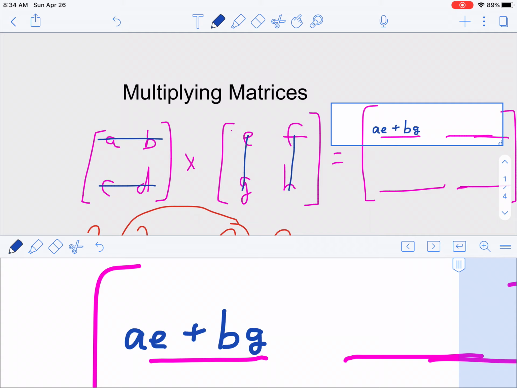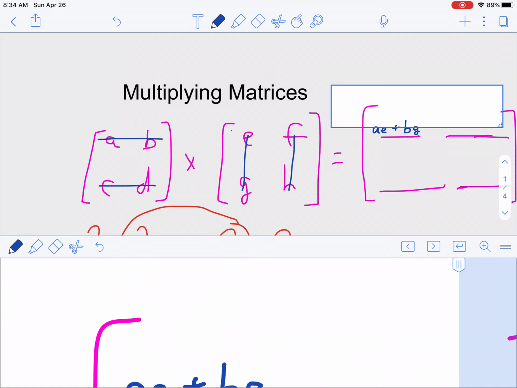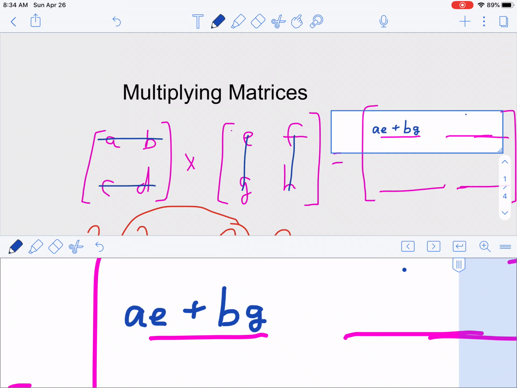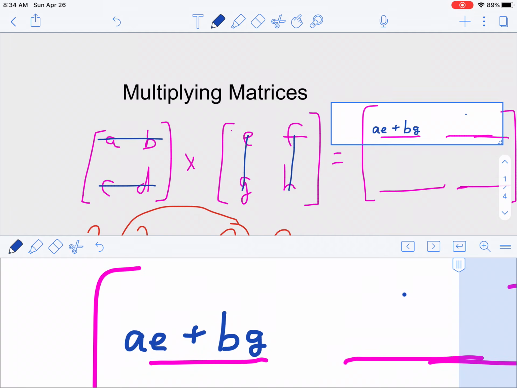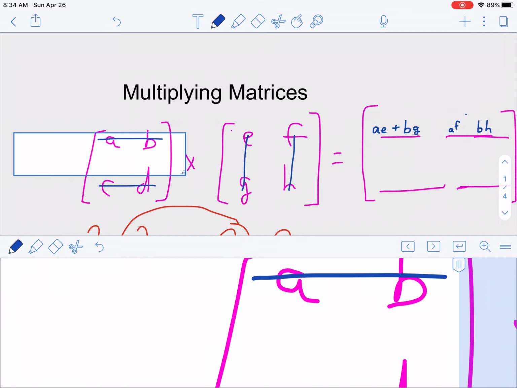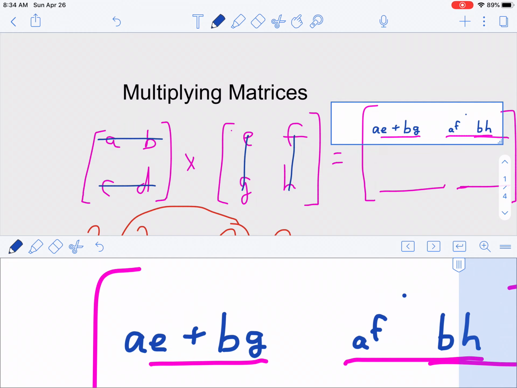So the first element of the 2 by 2 matrix is A times E, plus B times G. Then I look over here to this spot. This is the first row, second column. The first row, again, is A, B. The second column of the second matrix is F, H. And so this is found by finding AF plus BH.